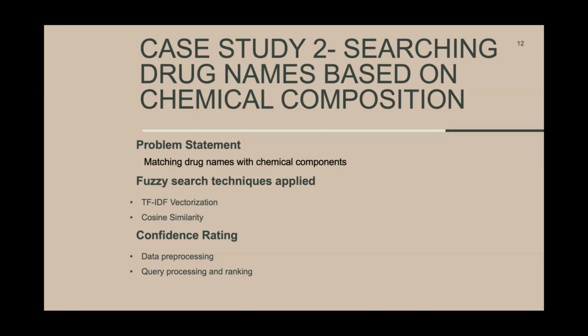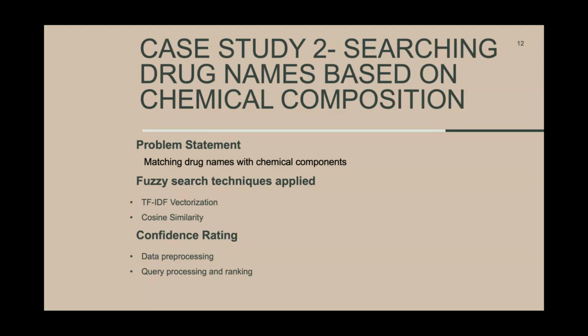So here also, we used a different method actually. We used TF-IDF vectorization and cosine similarity to weigh in these features. And we also implemented it using Python. Some of the steps were, first, data cleansing to standardize the data for consistency. And then we tokenized and normalized the chemical composition to prepare it for vectorization, that is the TF-IDF vectorization.